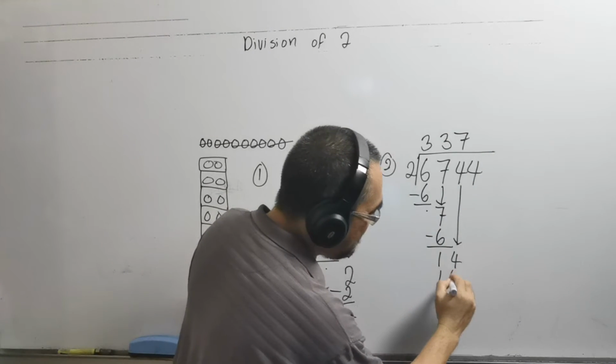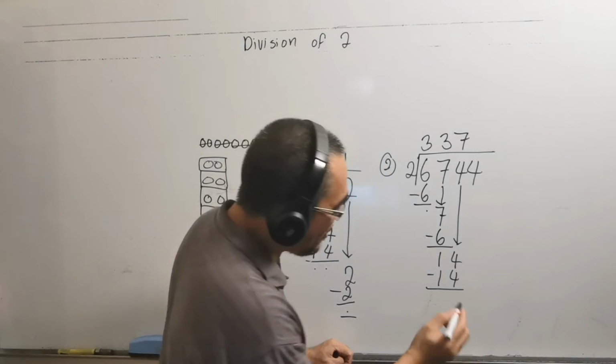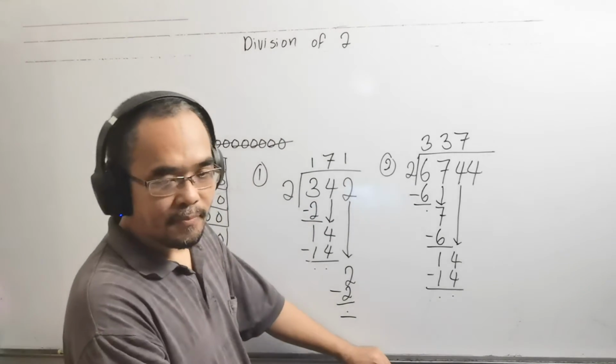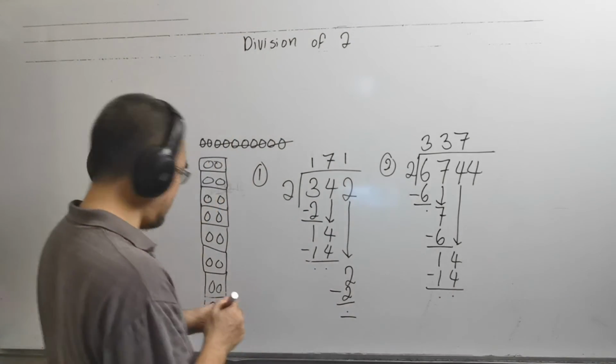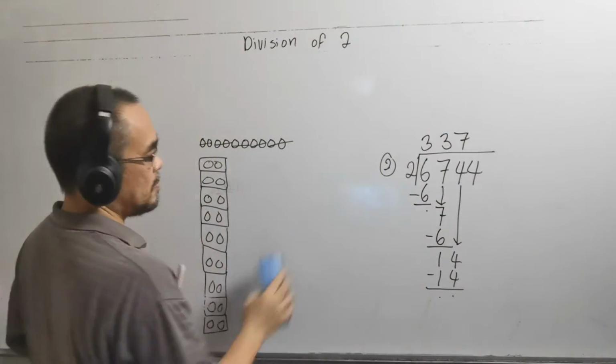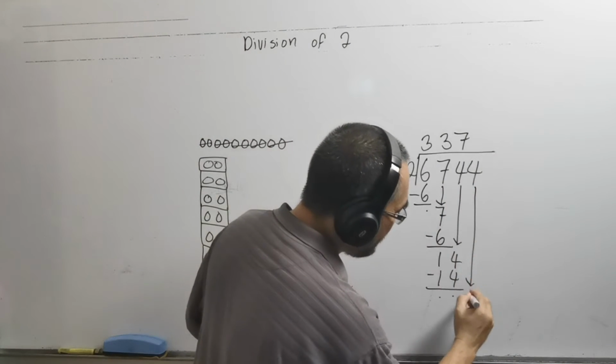You get 14 below here. Because 14 minus 14 is 0, so 2 dots there. Then bring down 4.